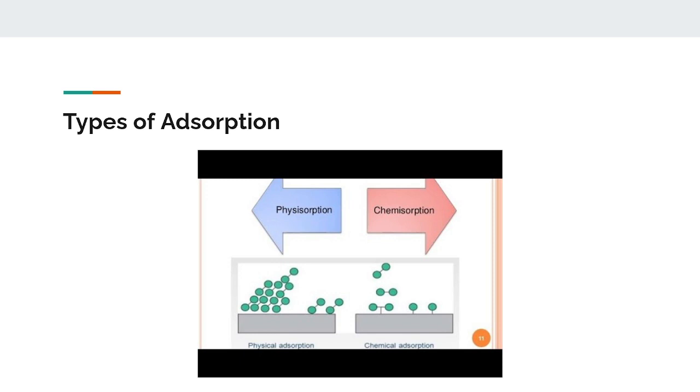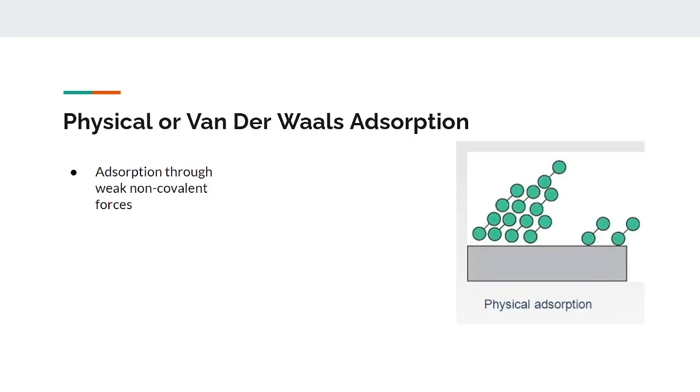So we have two main types of adsorption, which are physical and chemical. Physical adsorption is a process in which molecules or atoms from a gas or liquid are attracted and adhere to the surface of a solid substance through weak non-covalent forces.